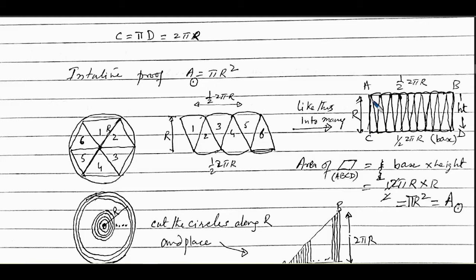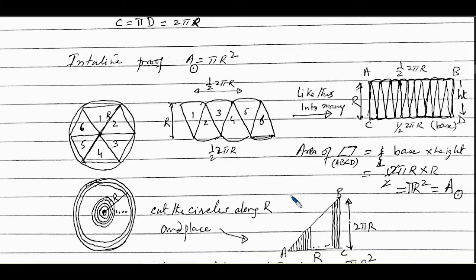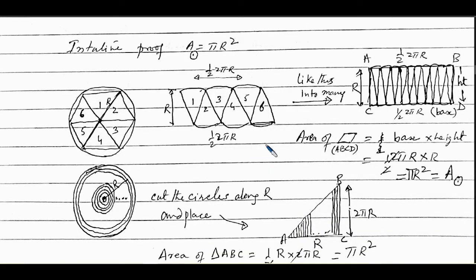So I have a parallelogram ABCD, and the area of a parallelogram is base into height, which we have shown earlier. So if I put base as half of 2 pi r into height r, the 2 gets cancelled, so you have pi r square. This is another way of getting yourself convinced.